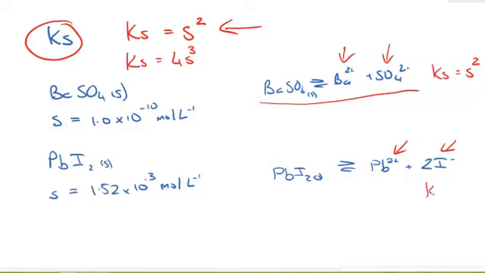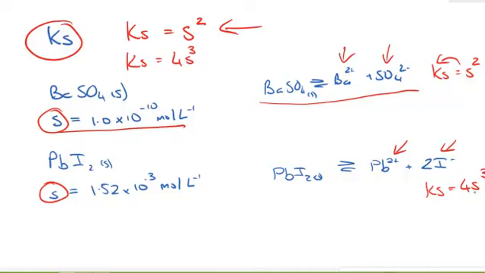So that means you've got to use Ks equals 4S cubed. So you may be given the solubility as I've given it to you here for barium sulfate. So all you've got to do here is square this number, and you're going to work out the Ks value. In this one, you're just going to have to cube it first and then multiply it by 4.